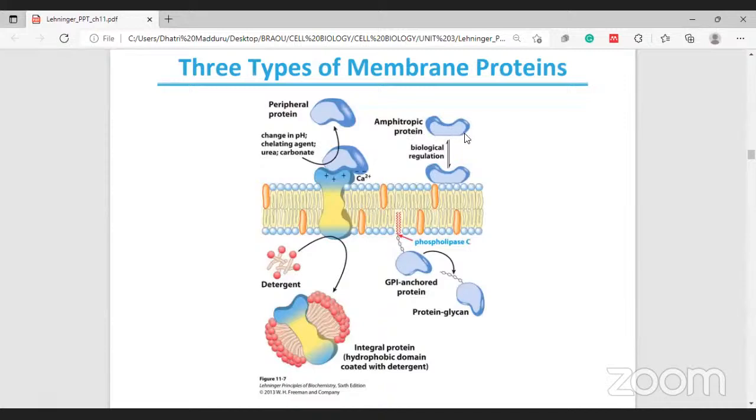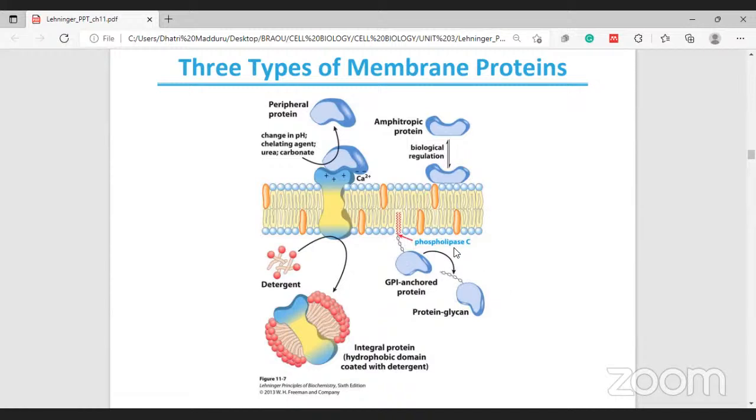And then amphitropic proteins. Through biological regulation, we can remove or attach these. Then here you have a GPI anchored protein, where you have a carbohydrate to which the protein is linked. Here you have phospholipase C, which will cleave this bond, and then this protein along with the sugar molecule or glycan will be removed.